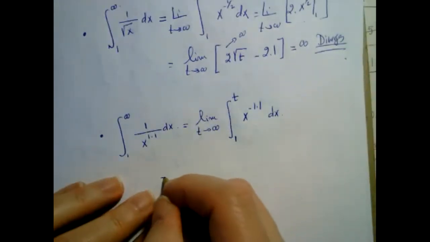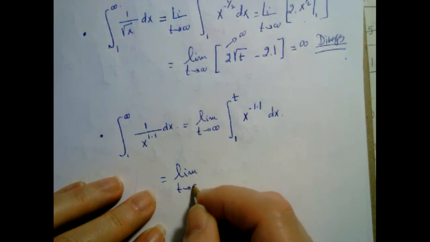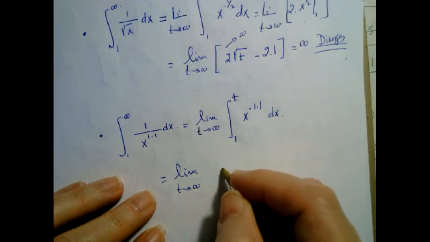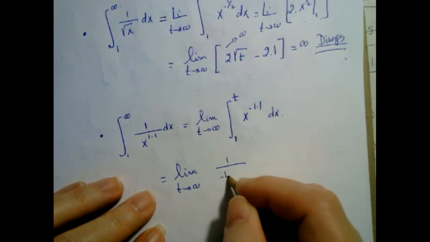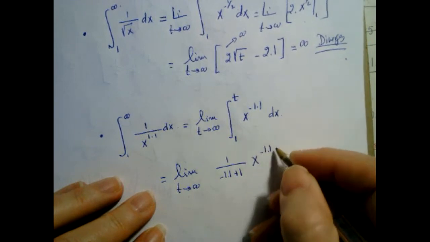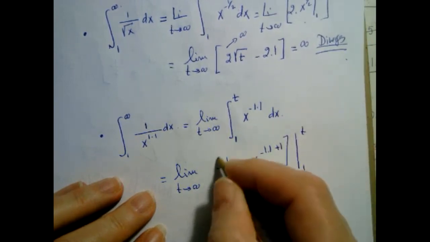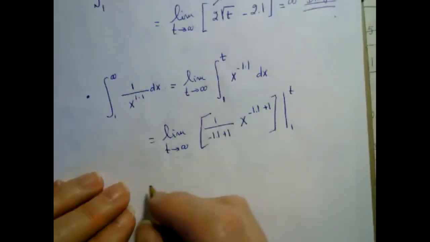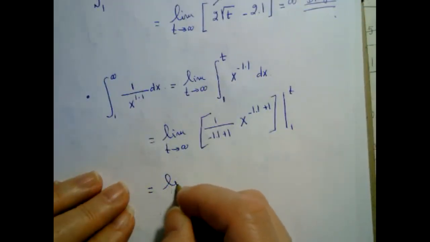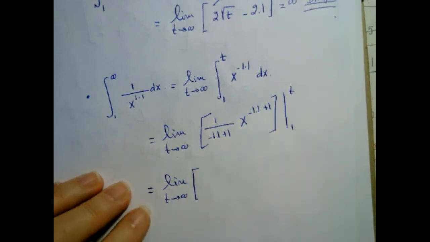So it's equal to the limit of 1 over minus 0.1 plus 1, x to the minus 0.1 plus 1, between 1 and t. As you realize, I don't know the answer. I have to do the math.